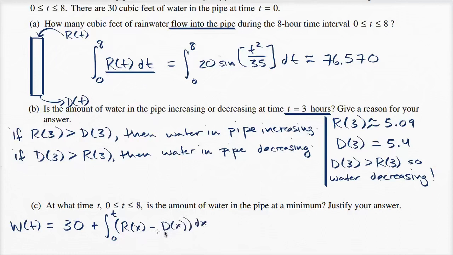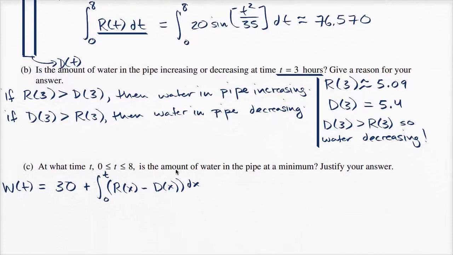Once again, this is our net rate of inflow, our inflow minus our outflow, times small changes. You could view this as time, although it's x, and then we sum up from 0 to t. So this is how much water we are going to have in the pipe at any time t.